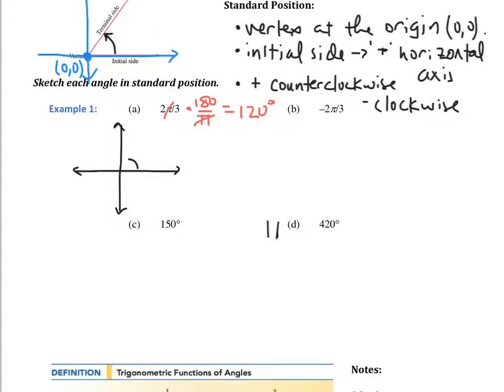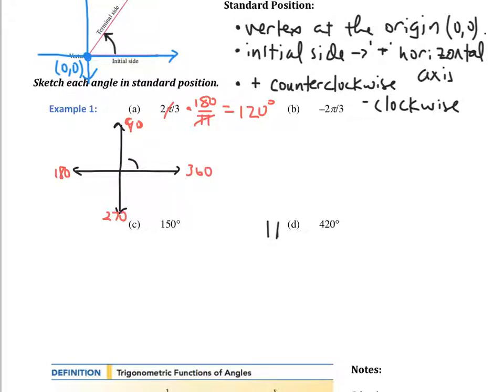All right, and so you just basically have to figure out where is the terminal side. The terminal side is where our angle ends. Do we understand that the y-axis up here is at 90 degrees, that half of a circle is 180 degrees, that 270 degrees gets us 3/4 of the way around the circle, and a full circle is 360 degrees.